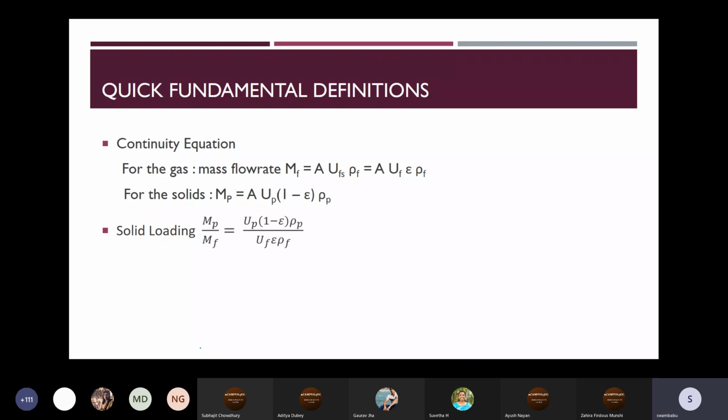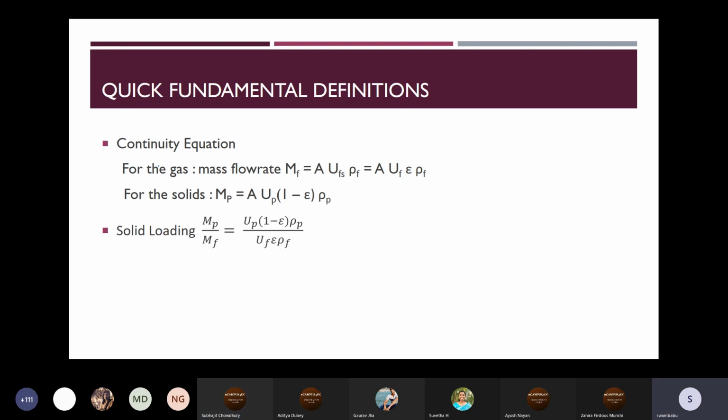Next is the continuity equation. I think in fluid mechanics by this time you would have learned the continuity equation, right? For fluids where the density doesn't change, what type of fluids are they called?